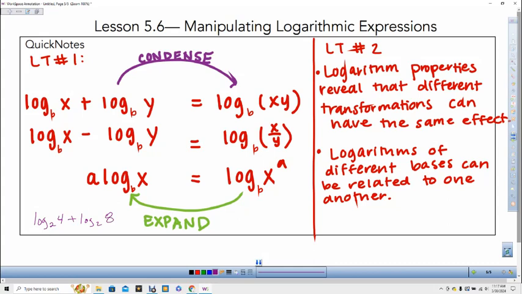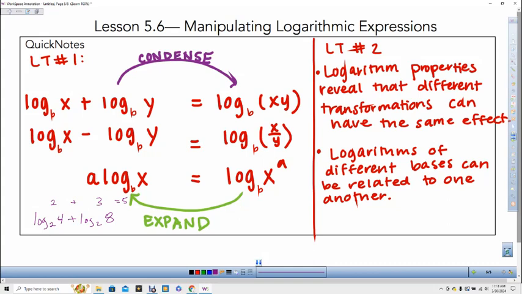So if we do this, what is the log base 2 of 4? Well, that's 2. 2 to the second power is going to give us 4. What's the answer to the log base 2 of 8? Well, what power do we raise 2 to get 8? That would be 3. So we get 2 plus 3, which is 5.